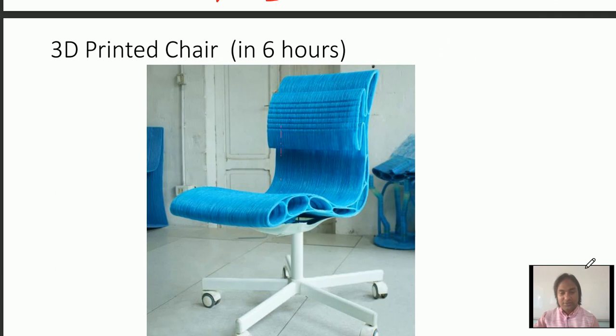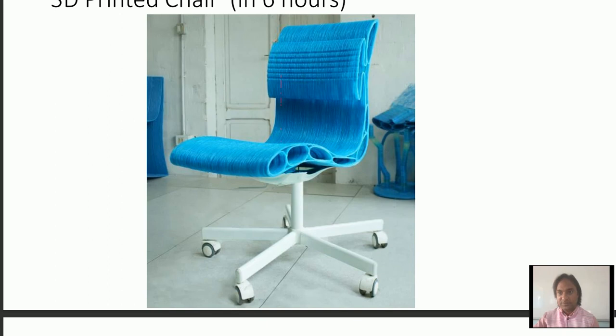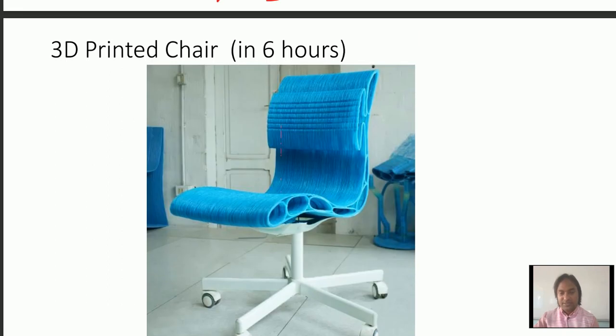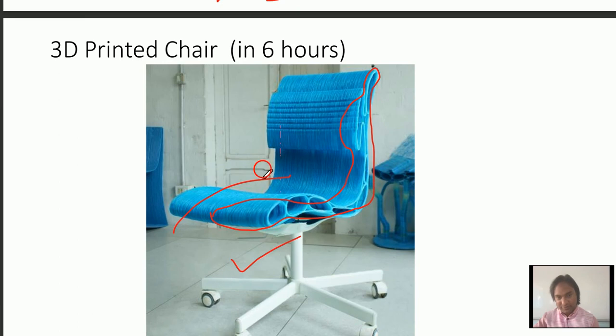Now, see this. A designer is interested in making this chair. So with the help of 3D printing, the designer can get the end product, and the company can take it into the market and take the customer feedback.